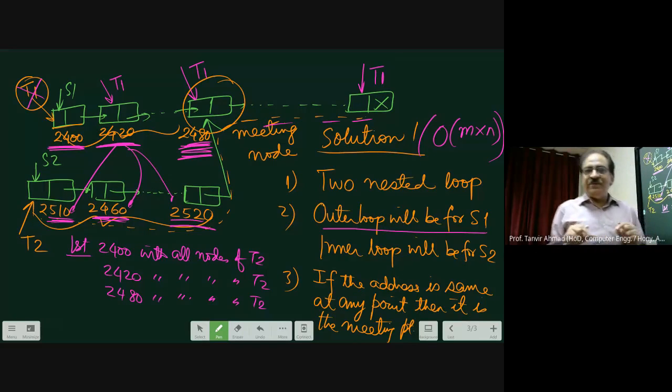If T1 of link is equal to null, it means there is no meeting point. If T1 of link is not equal to null, it means there could be a meeting point.